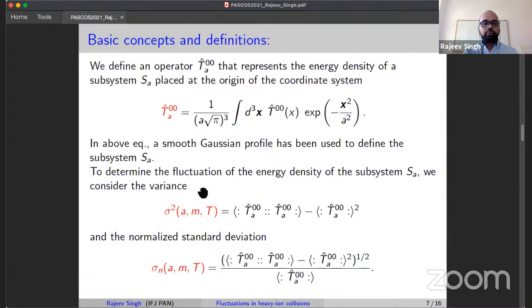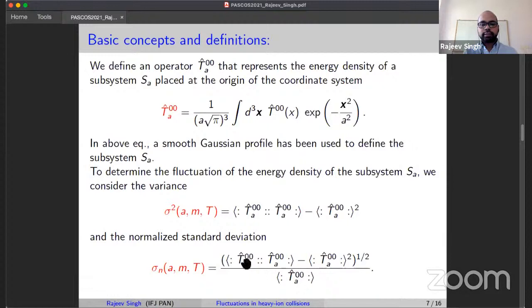And these are the formulas to calculate the fluctuation, where sigma square is the expectation value of T00 squared minus the square of the expectation value of T00, and this is the normalized standard deviation. One important piece of information is that to calculate this sigma n, there are two formulas in the literature.